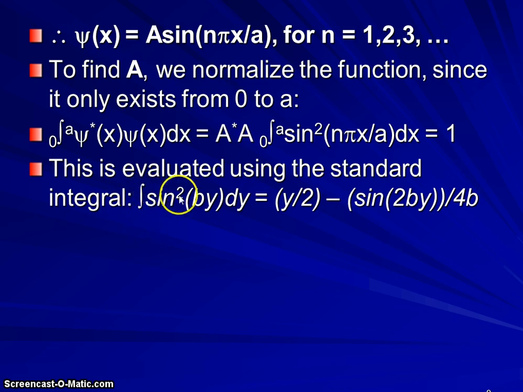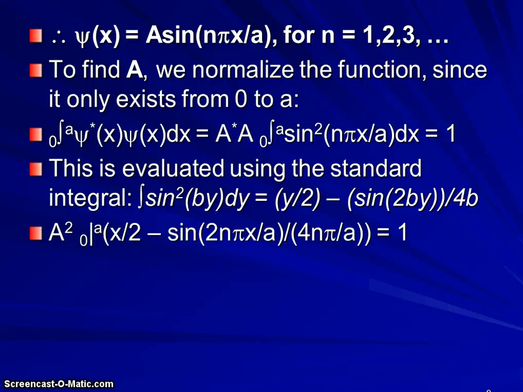That integral of sine squared of a constant times y is y over 2, or in this case x over 2, minus the sine of 2 times what was originally inside the sine, all over 4b.